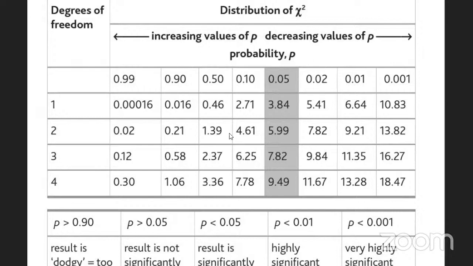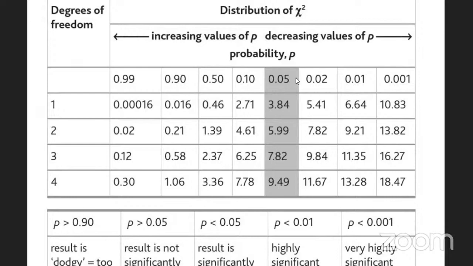So this table and our chi-square value, we are going to use to determine if any differences between our observed results and our expectations are due to chance. That is the purpose of this. When we do a cross, we have expectations, we get results, and we want to know if the difference is due to chance or not.